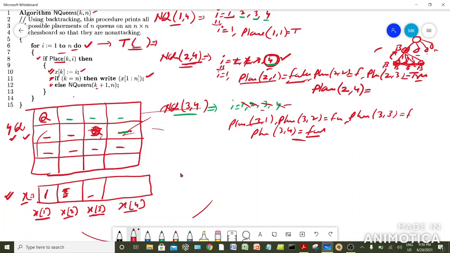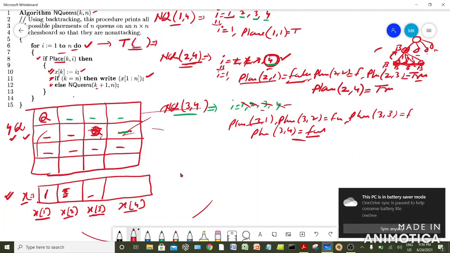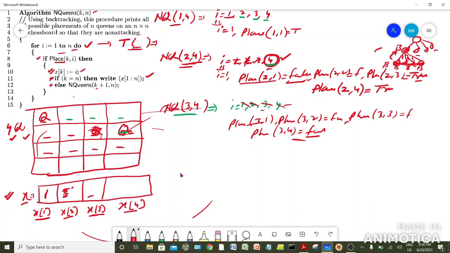Definitely it is going to return true. It means we placed the queen up here. Okay, it means the value of x2 will also change. It will become equal to 4 now. Okay, and after having 4 in x2, this condition will be checked, whether we reach the solution.